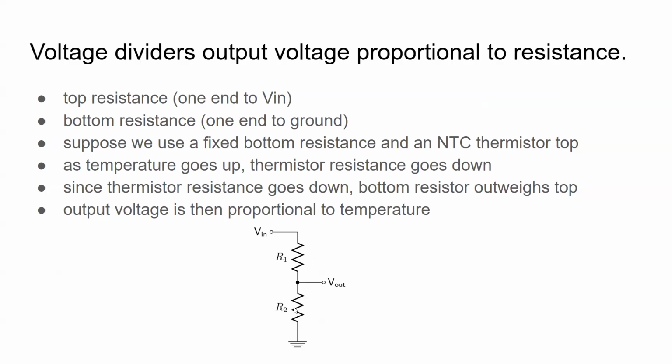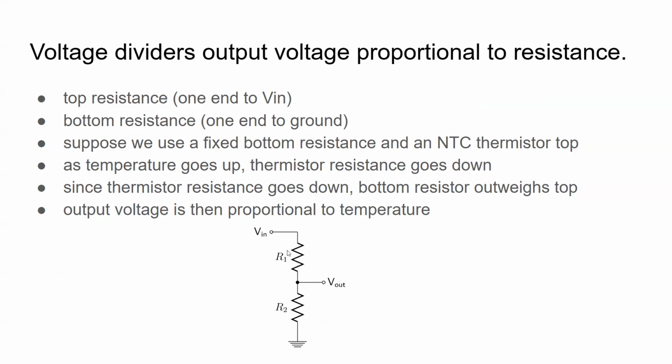So the bottom resistance starts to look larger with respect to the total resistance of this network. The top goes down, so the effective bottom resistance goes up, and the output voltage goes up as the temperature goes up.